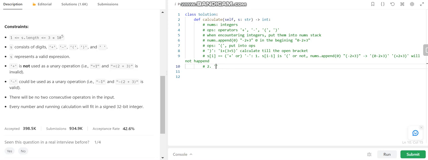Because if we have such a situation, consider that we are encountering this plus sign here. If we do not calculate 1 minus 3 first, but we put in the plus sign first, then we will have a very strange situation. It will become like this, and the result will be incorrect.